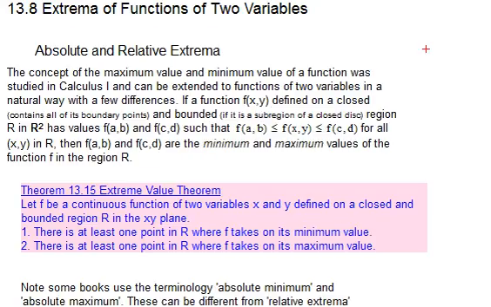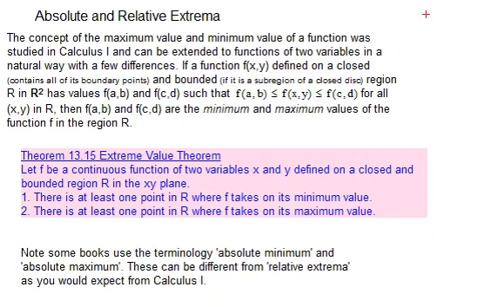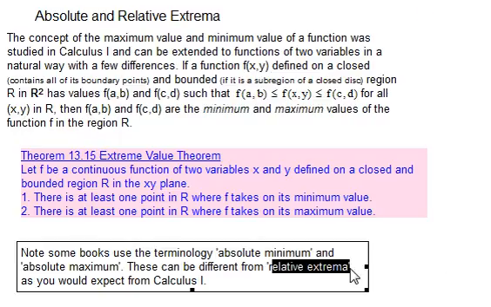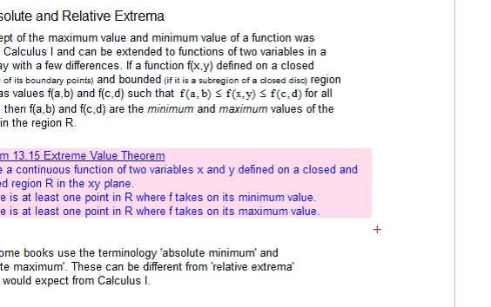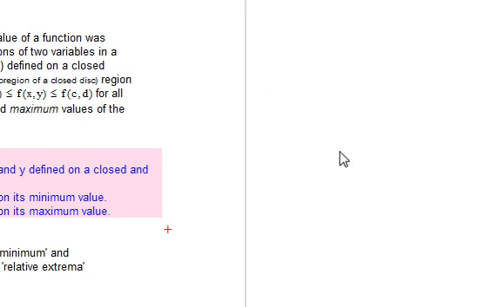Some books use the terminology absolute minimum and absolute maximum, and they can be different from relative extrema, which would be relative minimum and relative maximum. If you think about a cubic function, let me draw one for you here.